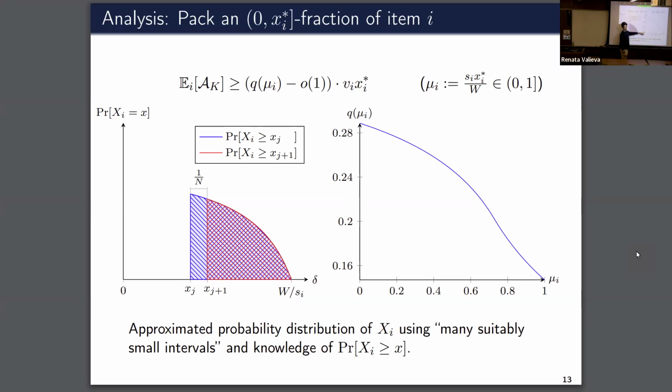This is not 0, it's about 0.15. And if an item is almost 0, it can be packed with probability about 0.29. This will be the main ingredient to achieve the competitive ratio mentioned before.